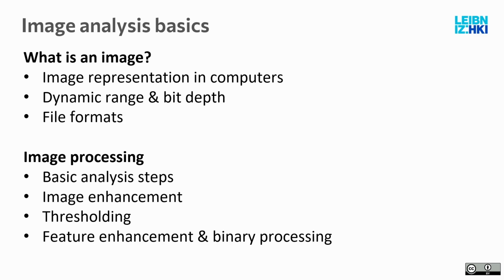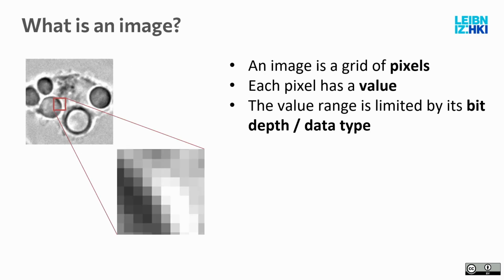So first, what is an image even? The most basic thing and most commonly used one, for us at least, is that an image is basically a grid of pixels. And each pixel, I zoomed in here, has a value that you see here as some grayscale value, but the computer has finite memory.